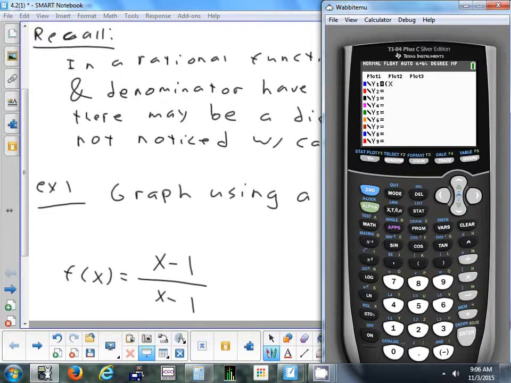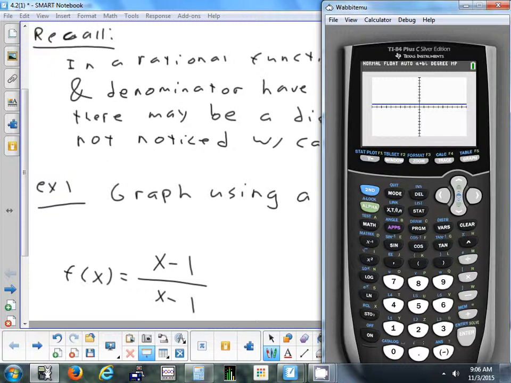Okay, so we got x minus 1 divided by x minus 1. So we're dividing two things that are the same. What do you get when you divide two things that are the same? 1, right? So basically, what it looks like is a horizontal line at 1, but it's not connected. That line is actually broken into two pieces.